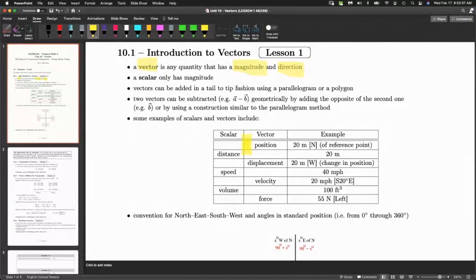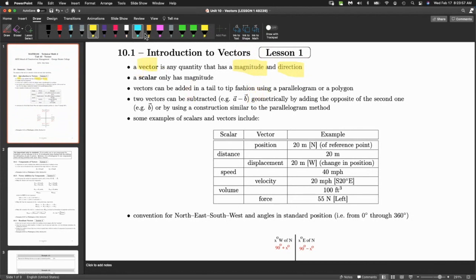Whereas if I said to you, where is the store? You could say, oh, it's 300 meters east of where you are. That's different. See how you put east on that? So a direction and a magnitude both together make up a vector.